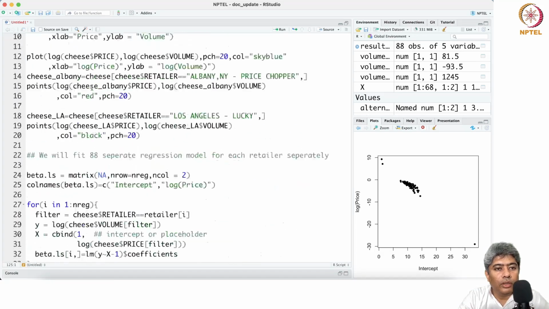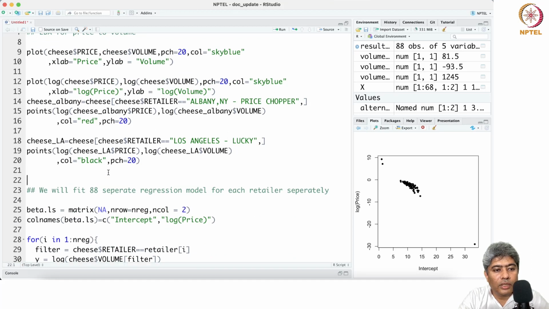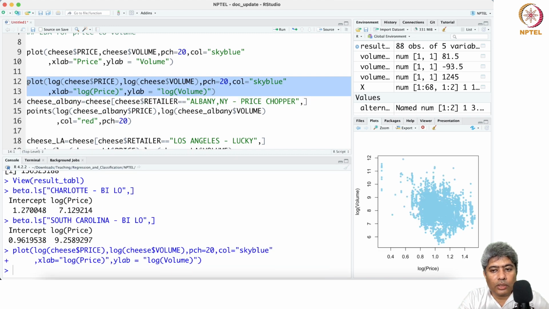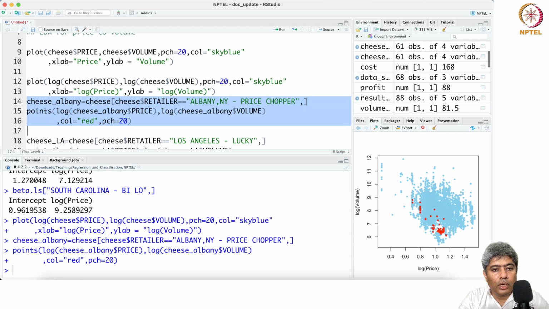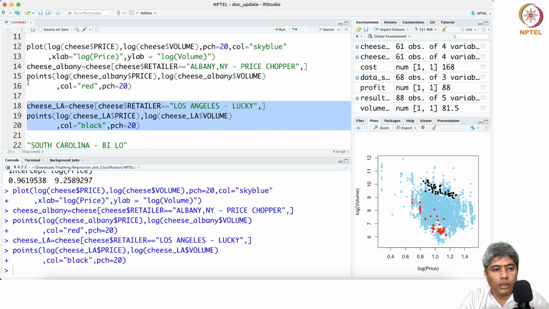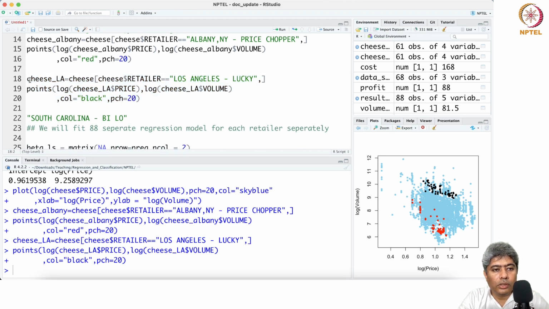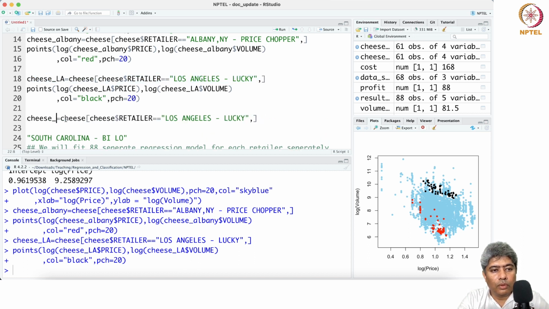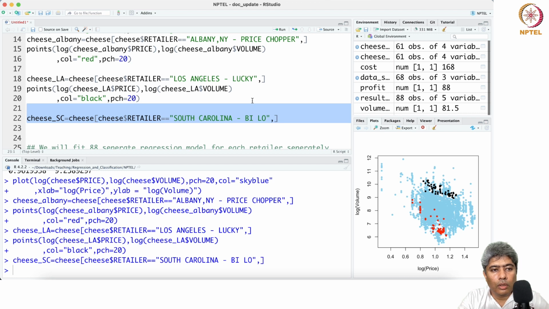Maybe what I will do is draw a plot. So here is the plot, here is the Chinese cheese data set for Albany. This is LA, Los Angeles. This is SC below, South Carolina below, right?